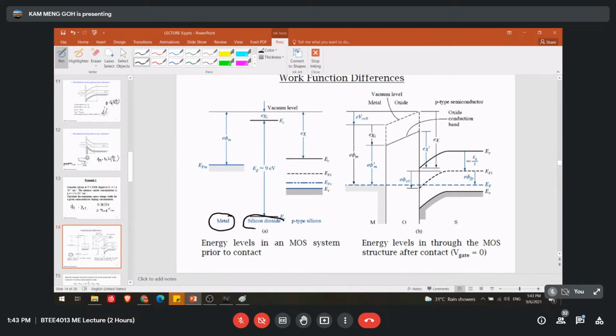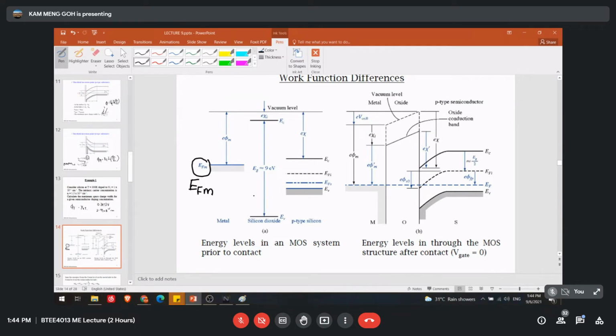Second is the insulator, which is silicon dioxide. Third is the P type. These three items will each have their own different energy level. For example, in the metal, the Fermi energy level we write as EFM.